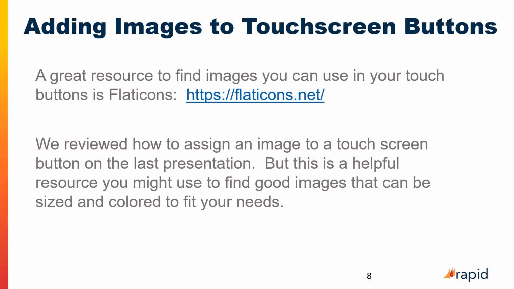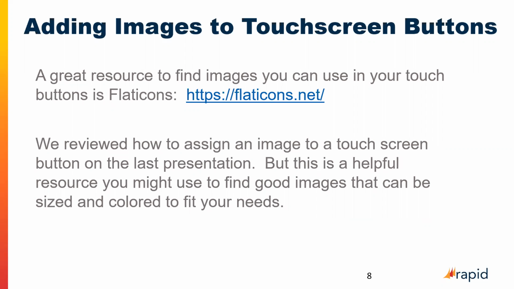So we have a resource where you can add images to your touchscreen buttons. Oftentimes this is just to make it usable and easy for your cashiers to click on a button and have a visual example of what that's referring to. So we have found flaticons.net. It's a great tool that you can utilize to add these images to your buttons.